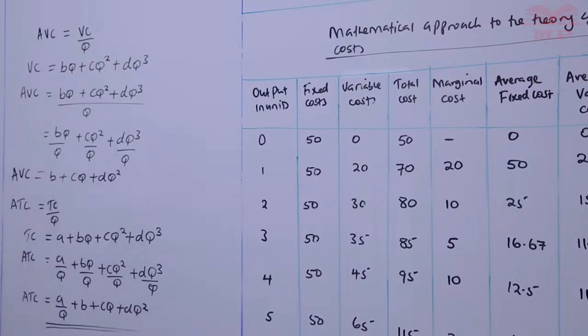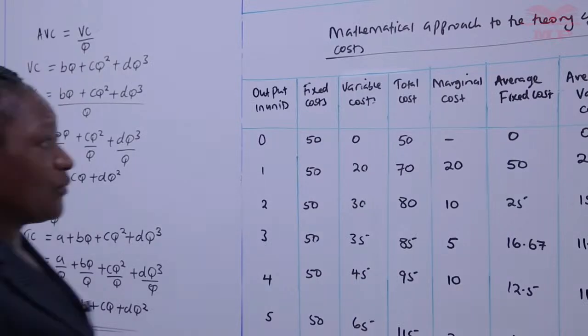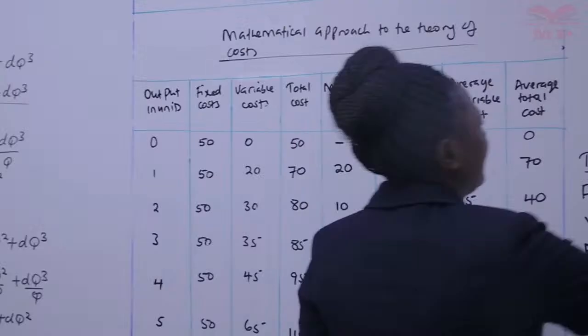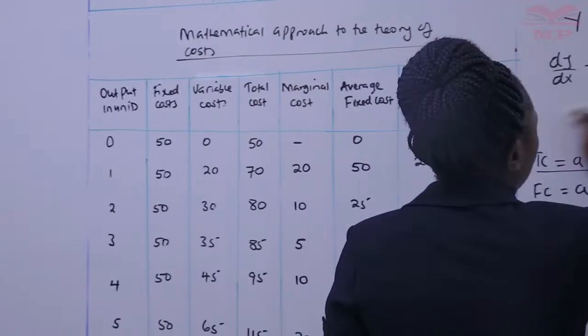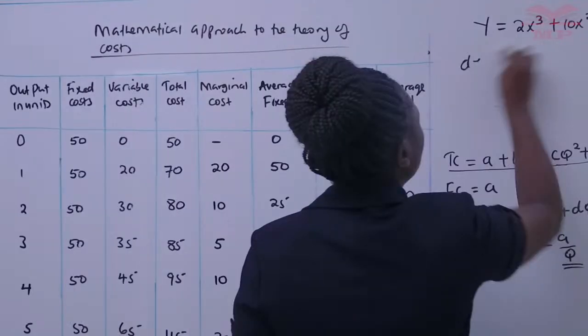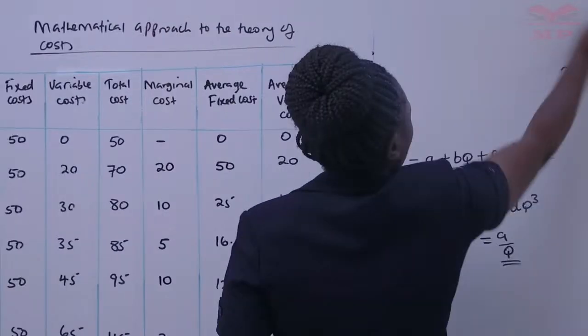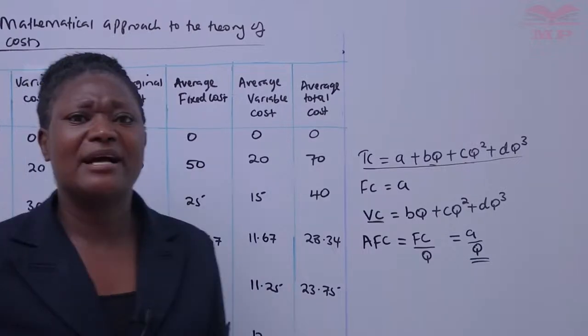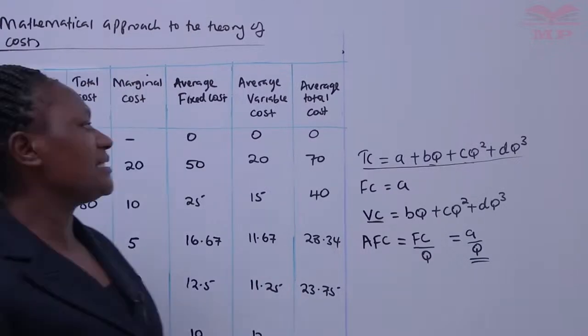There are again some instances where you will be told to calculate the marginal cost. If you've been given the total cost function and you are told to determine the marginal cost function, you simply differentiate the total cost function.